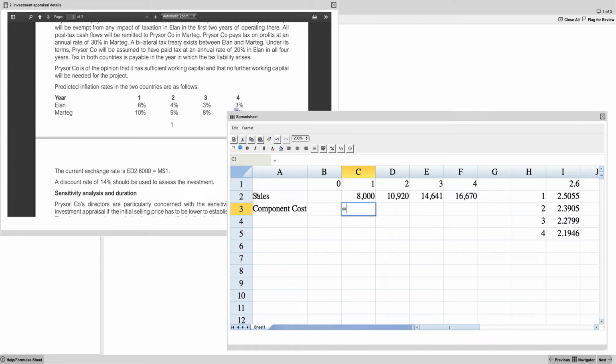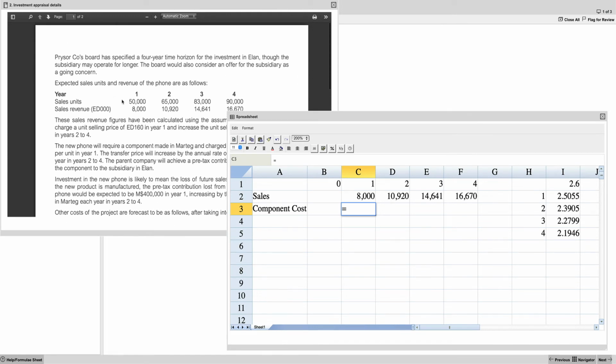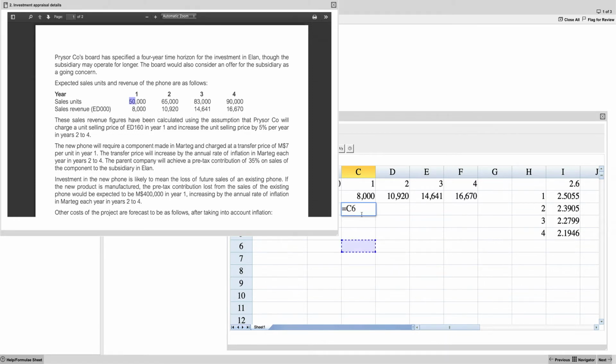For year 1, how many are we selling? How many are we getting? 50,000 units. We're doing these in thousands. So 50 times 7 times the exchange rate at the end of year 1, 2.50555. It is a cost, so I want a negative in, and I'm done. Do the next one. 65,000 I'm going to need.